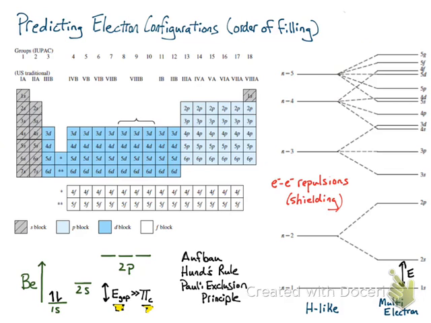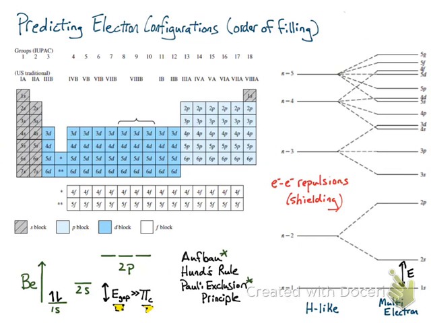Now, there's a consequence to that because the electrons are closer in proximity, and therefore there's some electron-electron repulsion. But since the energy gap between the 1s and the 2s is greater than the electron-electron repulsions, represented by this symbol, the electrons prefer to pair up.